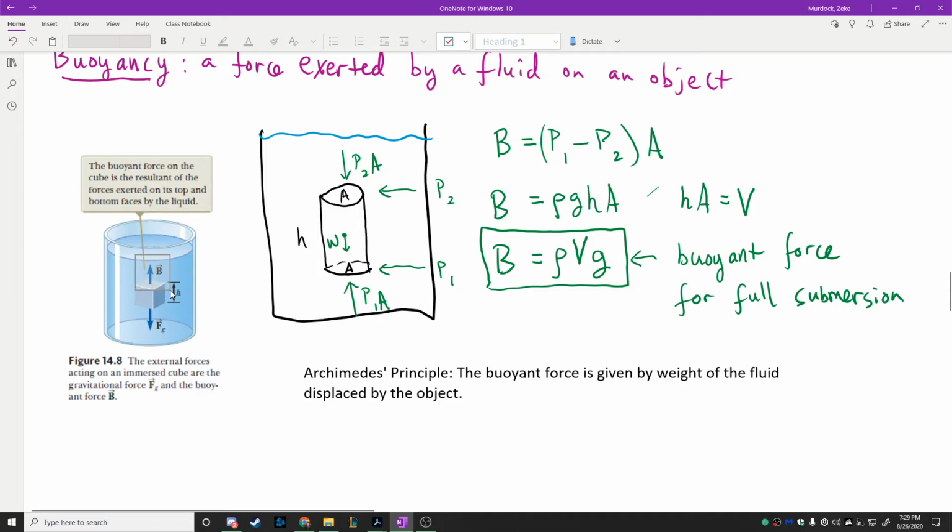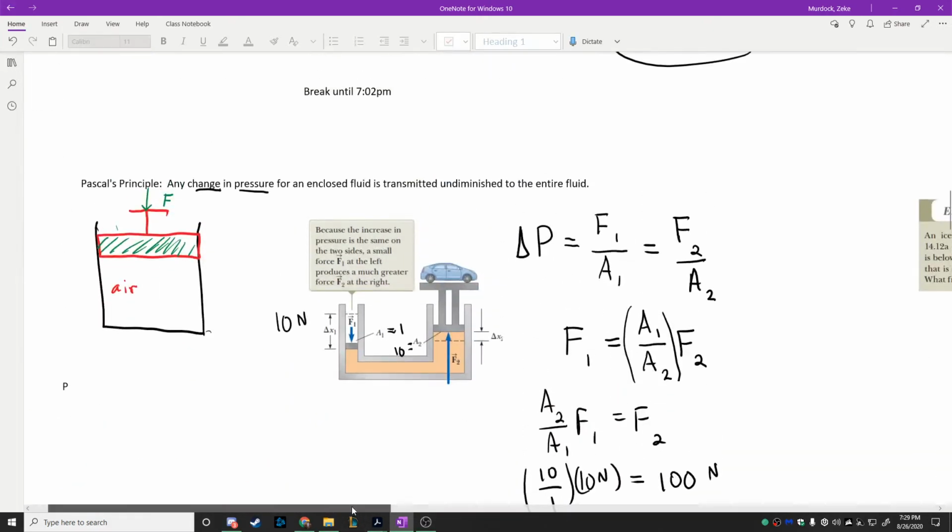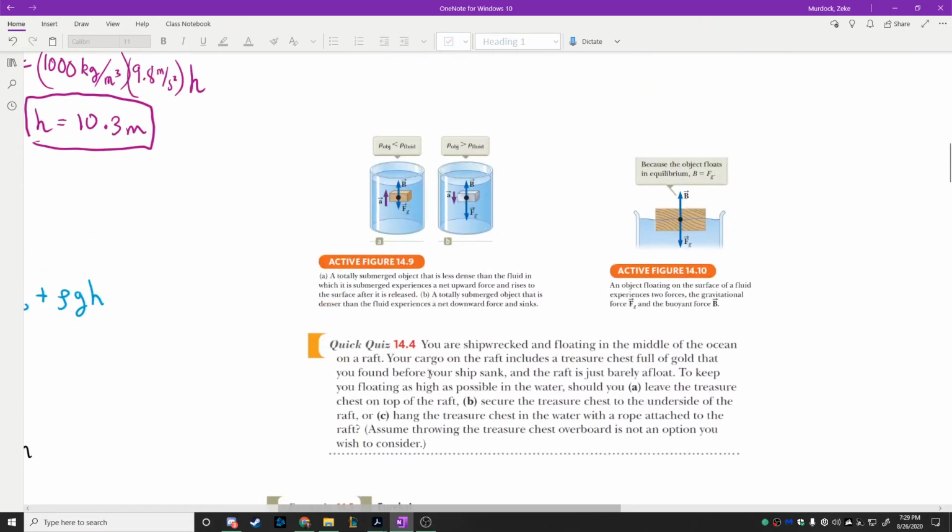Like, if the buoyant force is smaller than the weight of the object, what's going to happen? It's going to sink. And vice versa, if the buoyant force ends up being bigger than the weight of the object, in the case of styrofoam or wood or something like that, it'll float, right? And there's also the case where they can be equal to each other. I've got another little picture here.